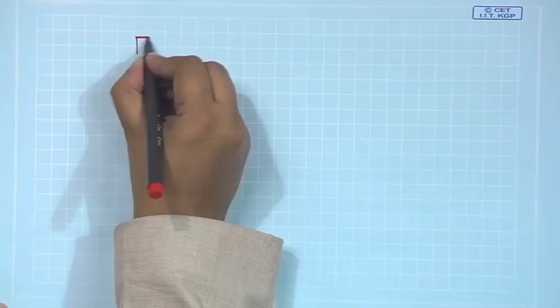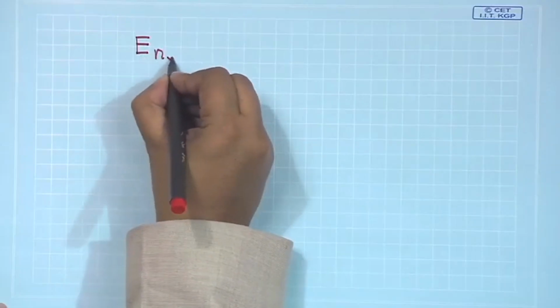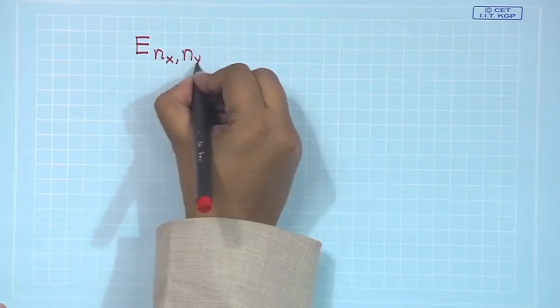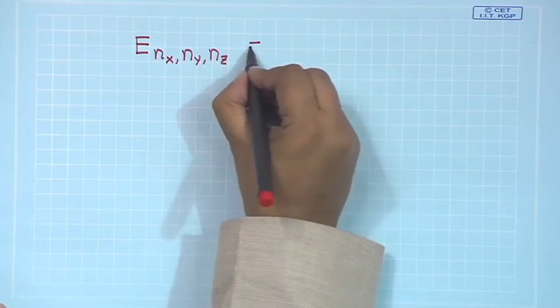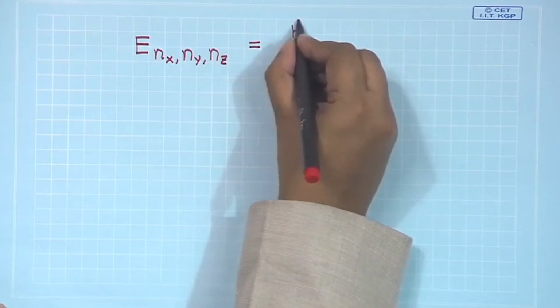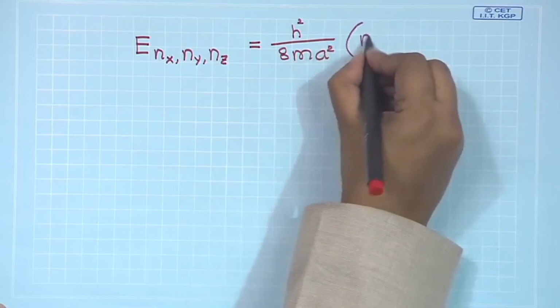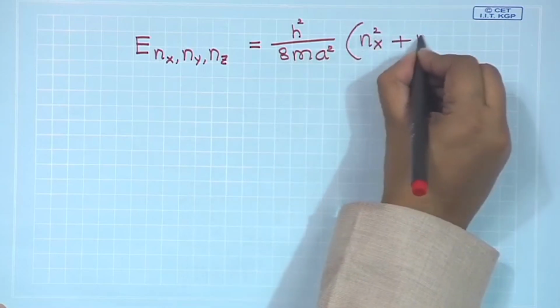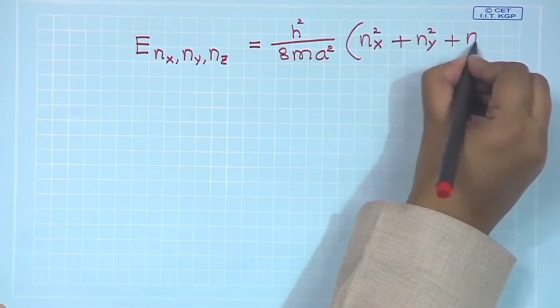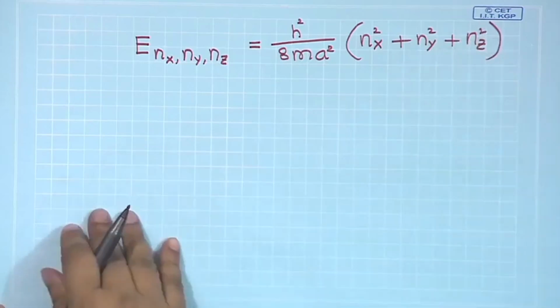Okay. So, in that case we would use the same type of argument, because now each energy level is identified in terms of three quantum numbers nx, ny, nz, and these values are h square by 8m a square into nx square plus ny square plus nz square, right.